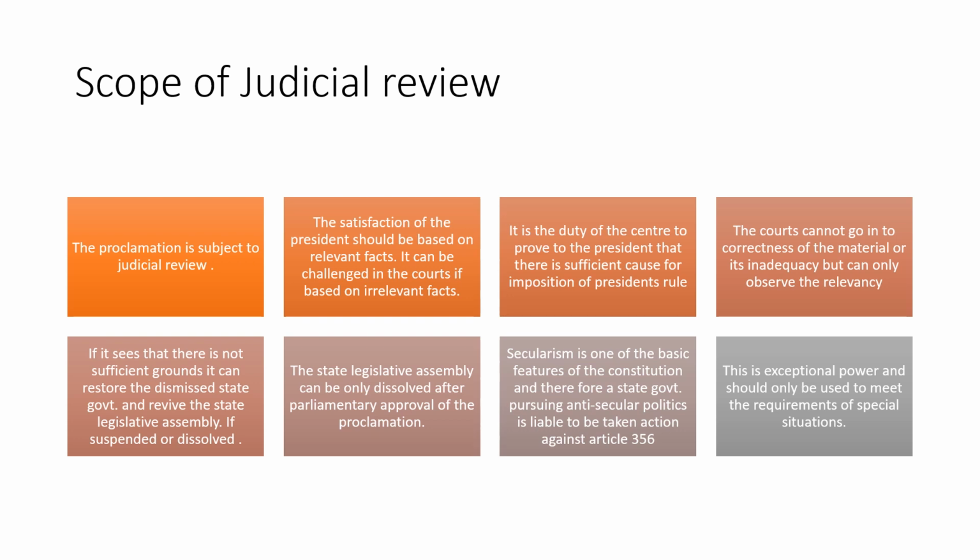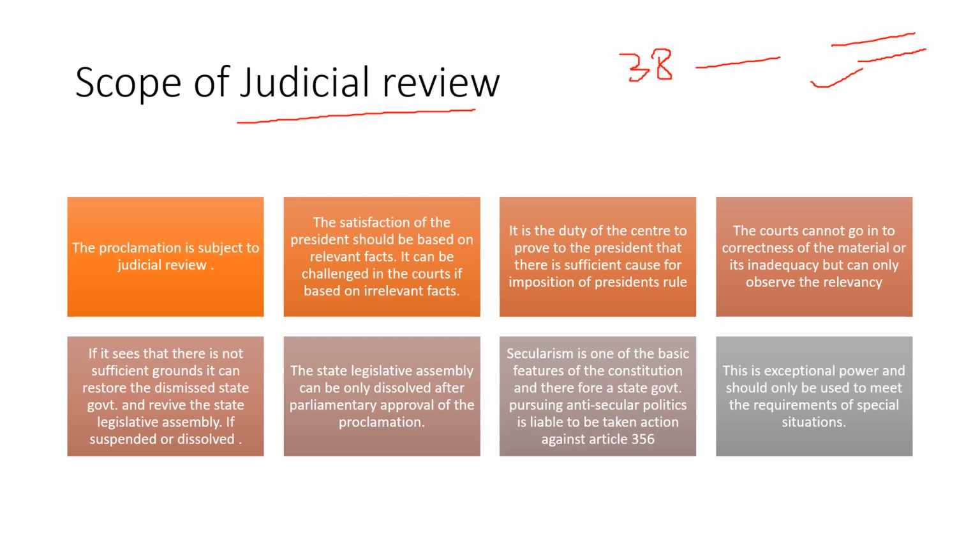And therefore, it is important to understand whether the president's rule could be brought under the scope of judicial review and under what circumstances. In fact, it was the 38th Constitutional Amendment Act that said that the president's rule, which was imposed in a state, could not be challenged in any court of law if the president thought that he had sufficient reasons to impose a president's rule in a particular state.